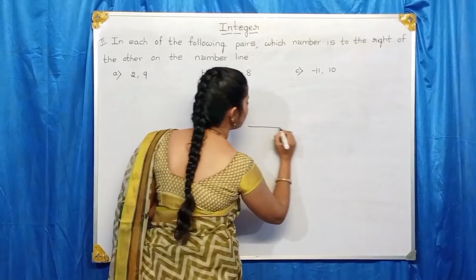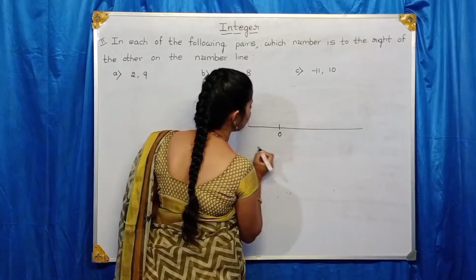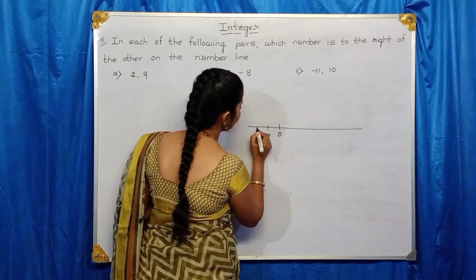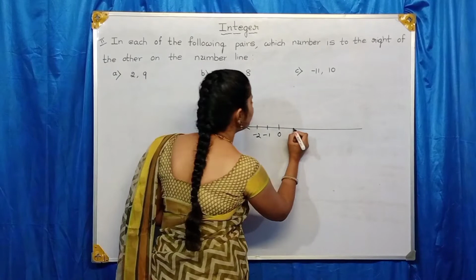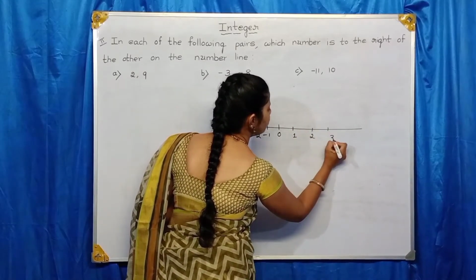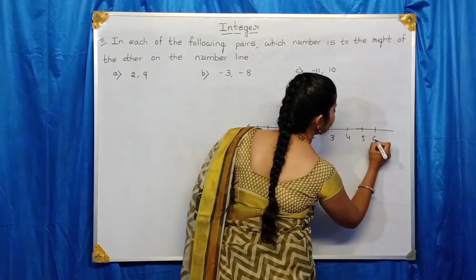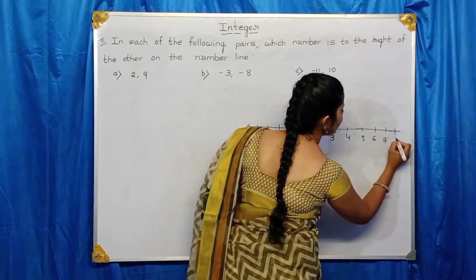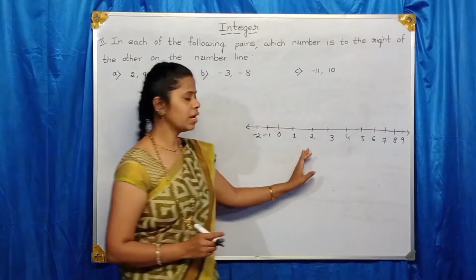See here, roughly I am drawing a number line. 0, and on the left side the negative numbers minus 1, minus 2 and so on. And on the right side we have 1, 2, 3, 4, 5, 6, 7, 8 and 9 and so on. Okay.